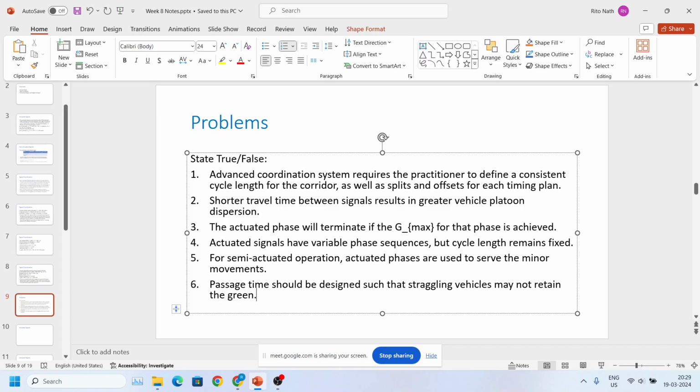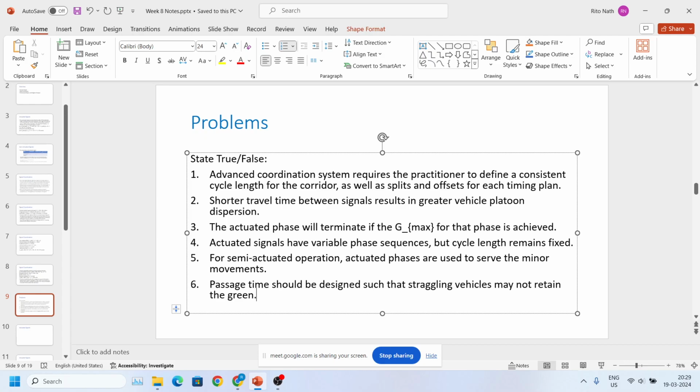Okay, so the first one is: advanced coordination system requires the practitioner to define a consistent cycle length for the corridor as well as splits and offsets for each timing plan. So this is true. These parameters need to be adjusted based on the measured conditions.